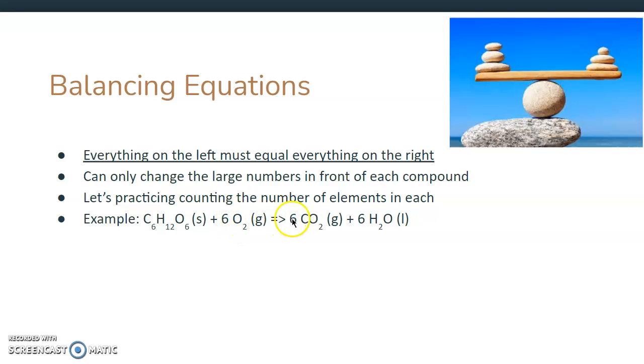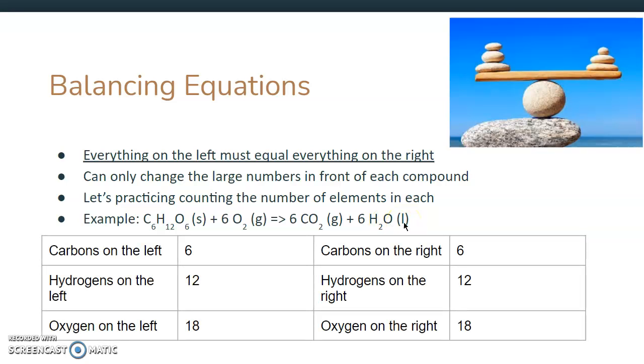Since there's not a number, we assume it's 1. So if we multiply 6 by 1, that would be 6 carbons. 6 times 2 is 12 oxygens. Same over here, 6 times 2 is 12 hydrogen, 6 times 1 is 6 oxygen.